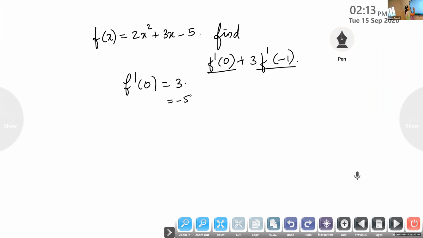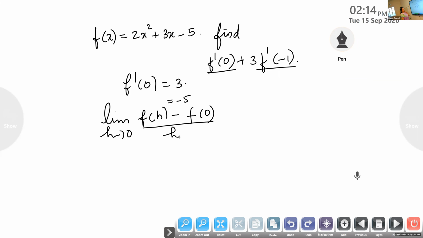F dash of 0, if you apply this, what will you get? Limit h tending to 0, f of 0 plus h minus f of 0 by h. 0 plus h is same as f of h. So when you substitute, what is f of h? 2h square plus 3h minus 5, minus f of 0.